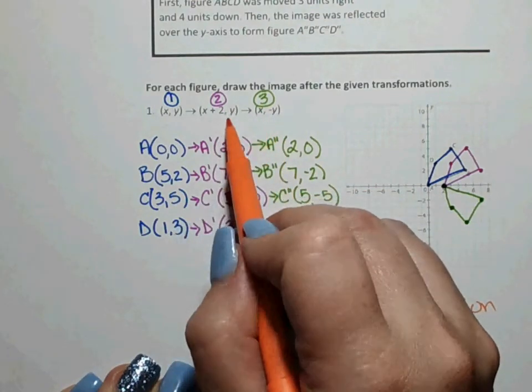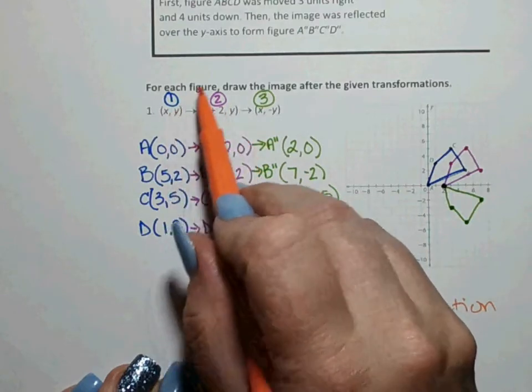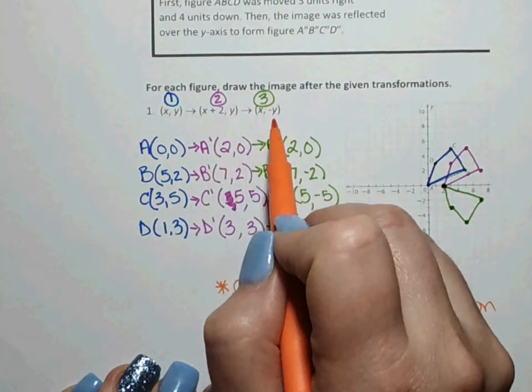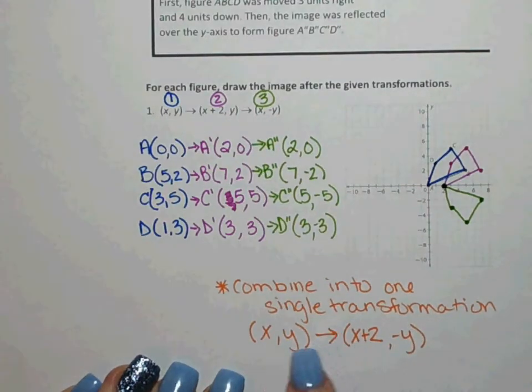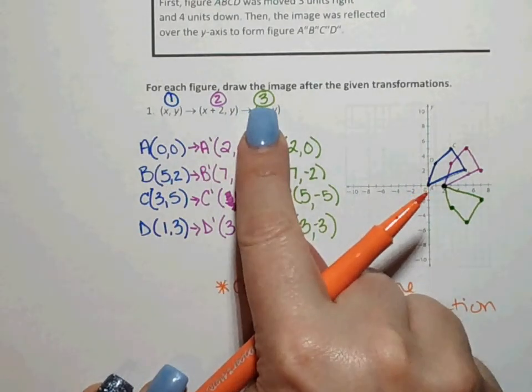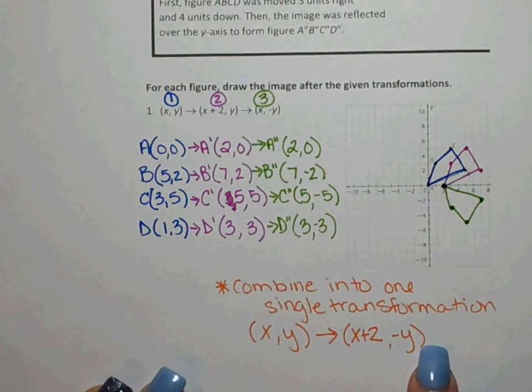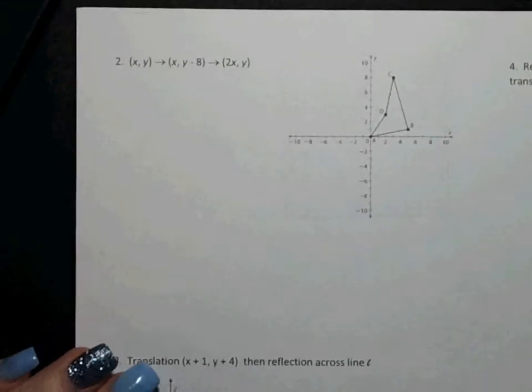And then for our Y's, we didn't change anything going from image 1 to image 2, but then to image 3 we just changed the sign. So then our Y would just be negative. This is that same sequence, just combined into one single transformation. Alright, let's look at the next example.